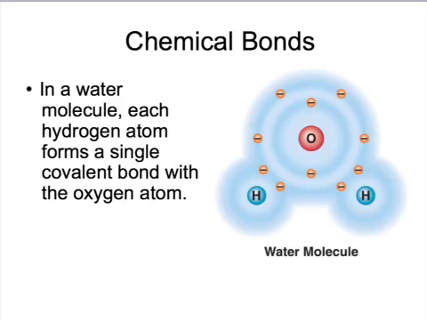Here is an example of a simple covalent bond, which is known as water. You can see these 2 electrons being shared between hydrogen and oxygen here, and here is another covalent bond being shared between this hydrogen and the same one particular oxygen molecule. And that is how water is created, from hydrogen and oxygen being held together by a covalent bond.